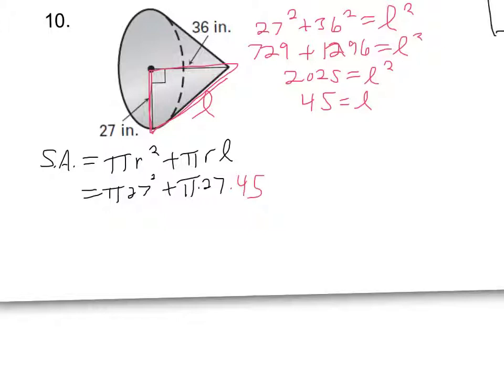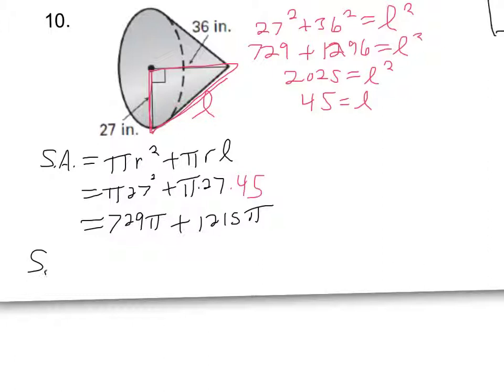Okay, so back to surface area. If I just do 27 squared, and just leave the pi alone for now, I get 729 pi. Oh yeah, because I already did 27 squared up above. That's where that came from. And below here, if I do 27 times 45, I get 1,215 pi.